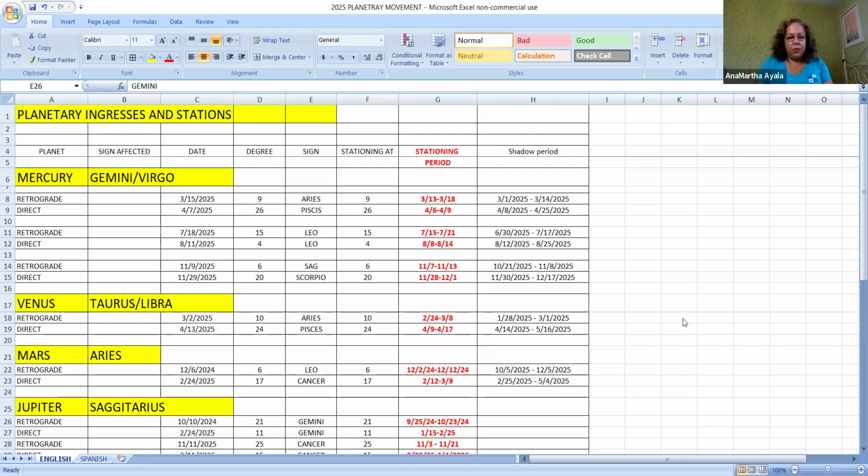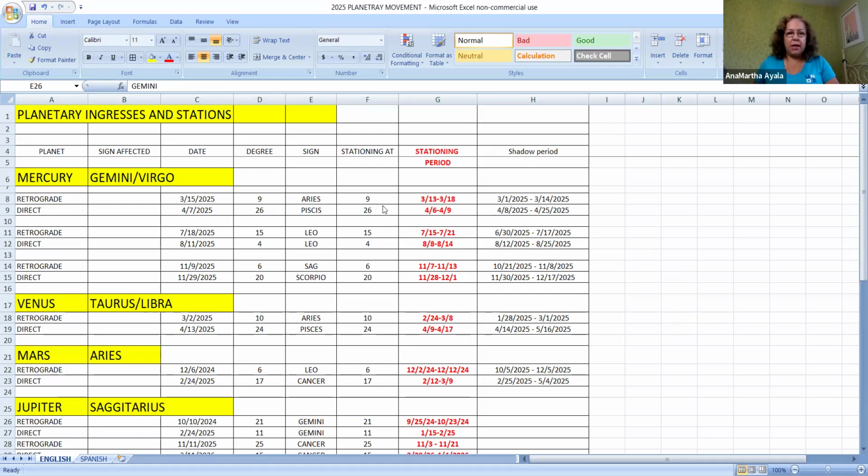As a general rule, when a planet is retrograde, you should not initiate things. And according to the type of planet, well, that's what you shouldn't initiate, right? Now, let's discuss Mercury as the first planet. You can see that Mercury is going to go retrograde March 15th of 2025 at 9 degrees of Aries.